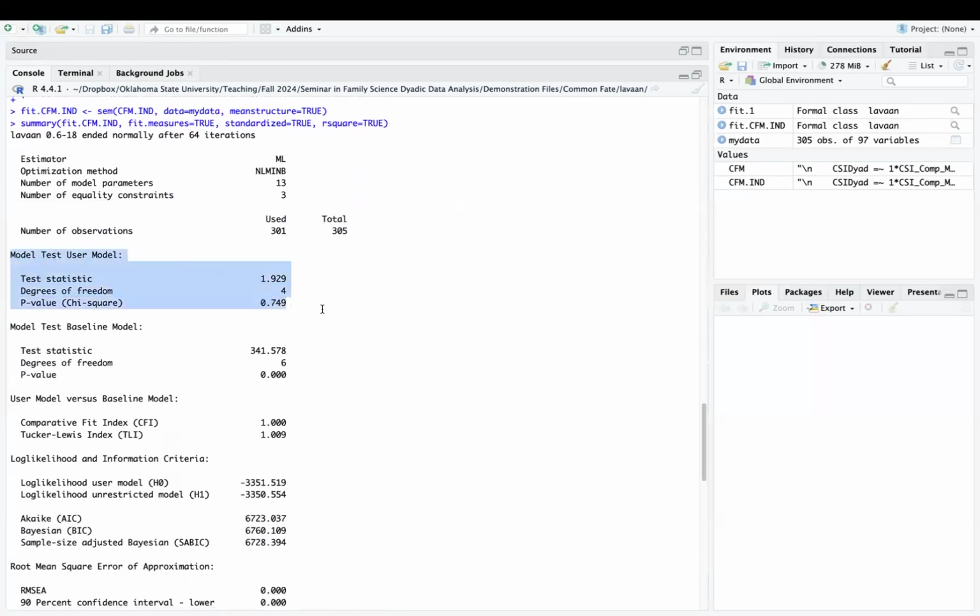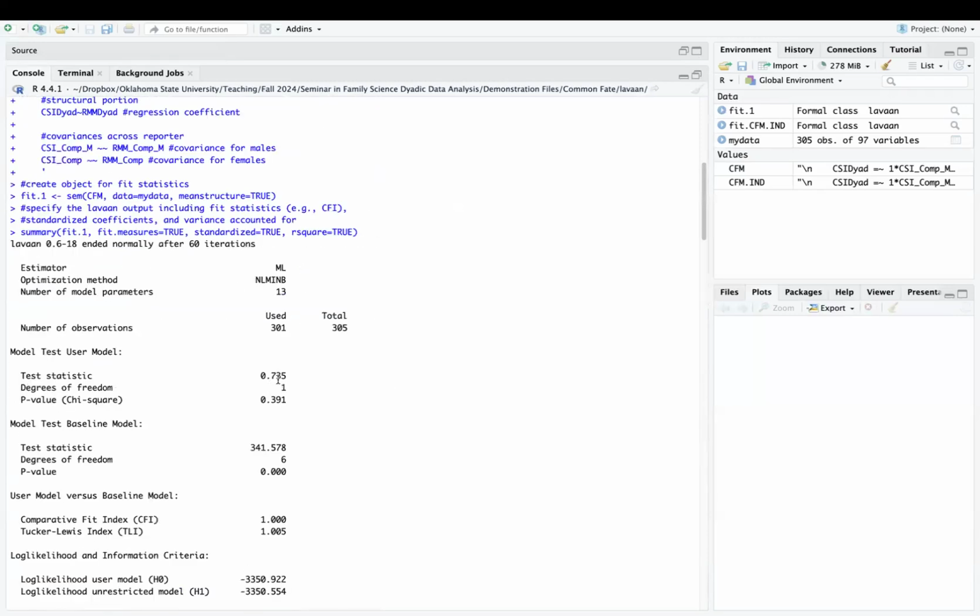So we're going to scroll down to the indistinguishable model. And just looking at this, I can tell you that it's going to be non-significant because 3 degrees of freedom were added to the model. And so the critical value, I don't know exactly where it is, but it's going to be somewhere around perhaps 6 or 7. And our chi-square value is only 1.93. Before it was 0.735.